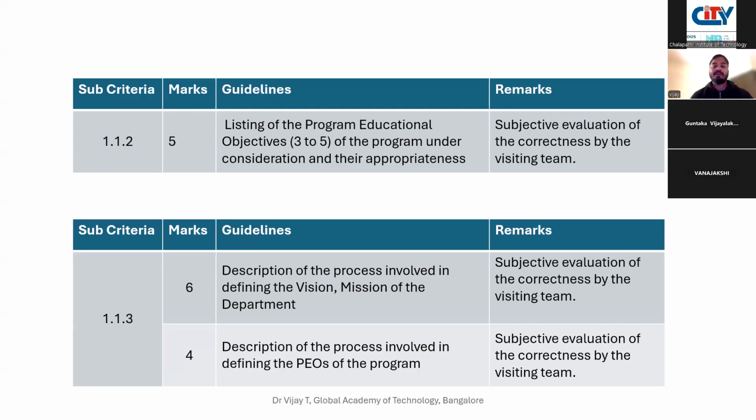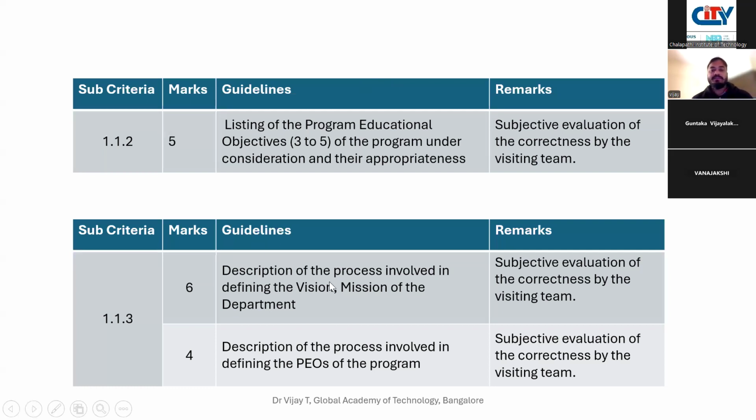So PEOs cannot be developed with respect to just the feedback of a parent or a student. It has to be taken from the alumni and the employers of your institution, who would give you a correct picture of how the PEOs could be framed. So for the process for PEOs, you should be very careful. It has to be in alignment with alumni and employers only.